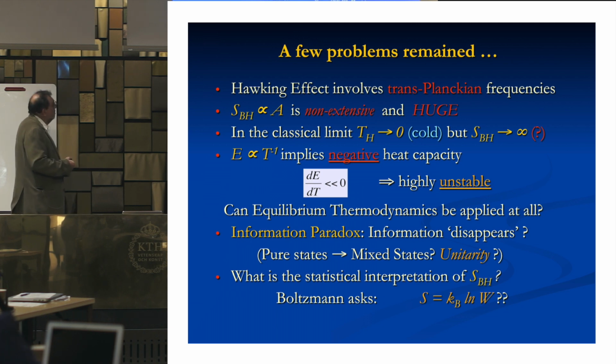So if I had 3 or 4 more neutrino species, I would expect the entropy of the system to increase proportional to those number of species, but the Bekenstein-Hawking formula, of course, doesn't have any room for that.